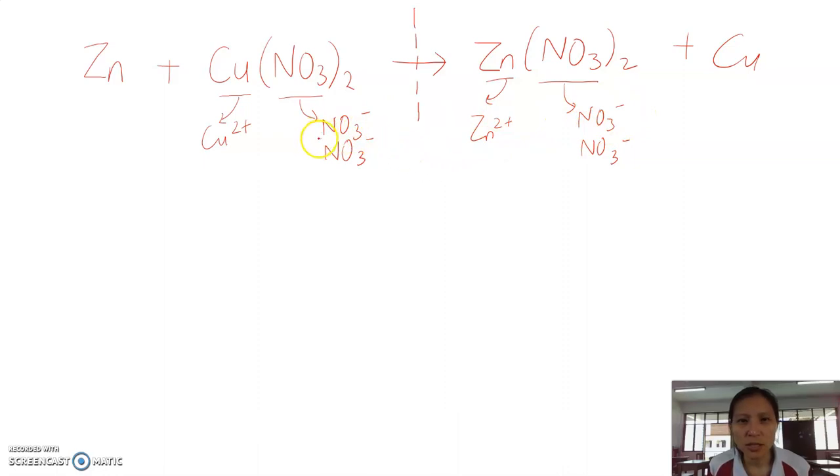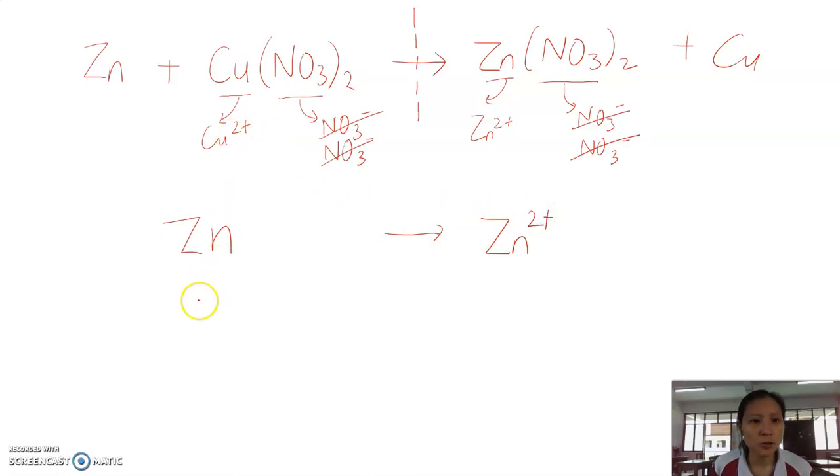So I don't need to bother about this. I just ignore it because it didn't change at all. What I want to look at is my Zn has now become Zn2+, and my Cu2+ reactant has become Cu product.